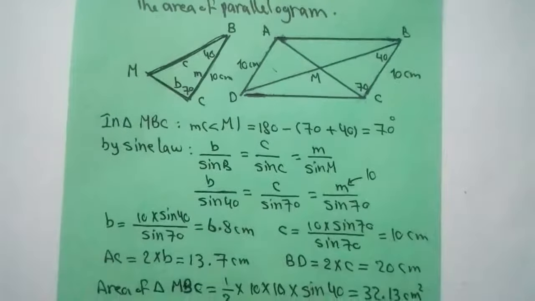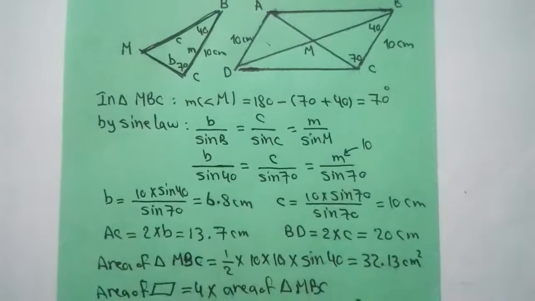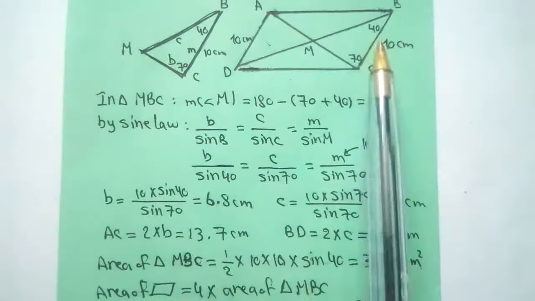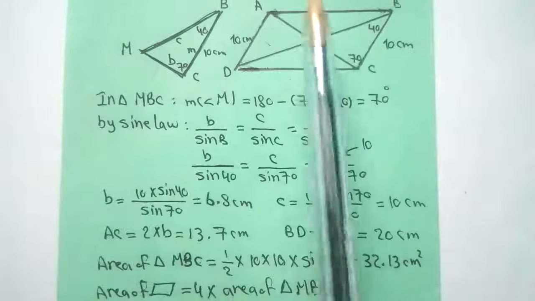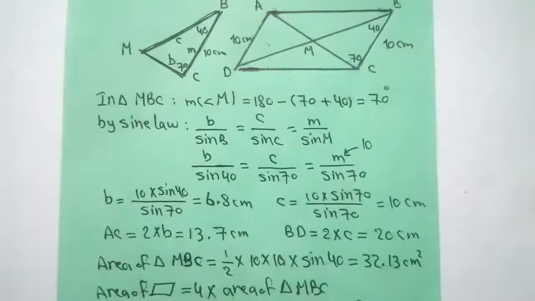Area of triangle BMC equals half times 10 times 10 times sine 40, it will be 32.13 square centimeters. The area of the parallelogram is 4 times the area of the triangle, because all triangles in the parallelogram are equal in area.